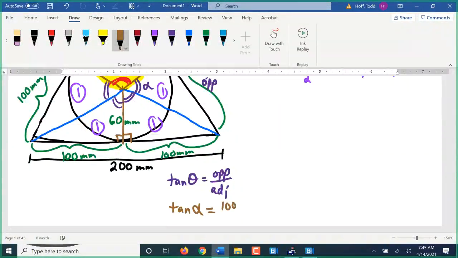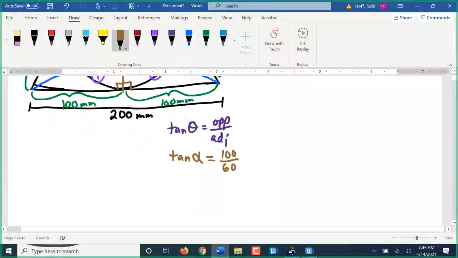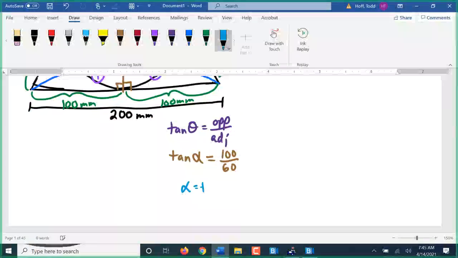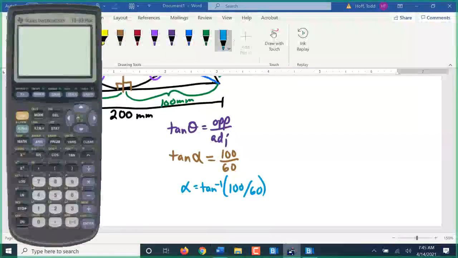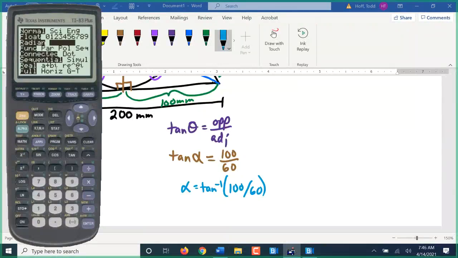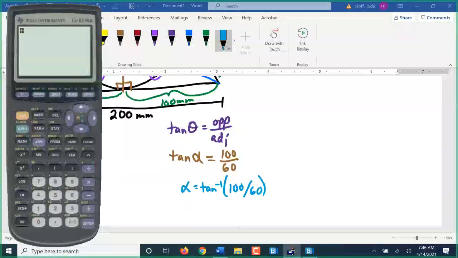Opposite side is 100, adjacent side is 60. How do I find that angle? Inverse tangent of 100 over 60. Giving us 59.04 degrees.